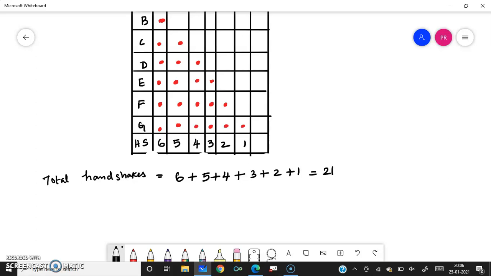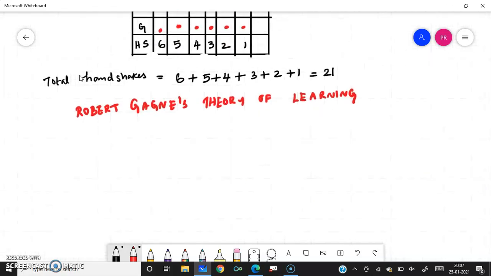The objects of mathematics learning. First we'll write it down. What we are learning is nothing but Robert Gagne's theory of learning.